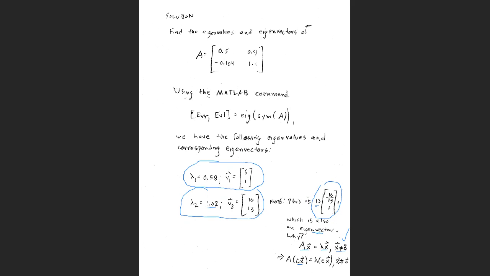It would, because A times cx is equal to lambda times cx. It is a fact, it has to be because c is a scalar.